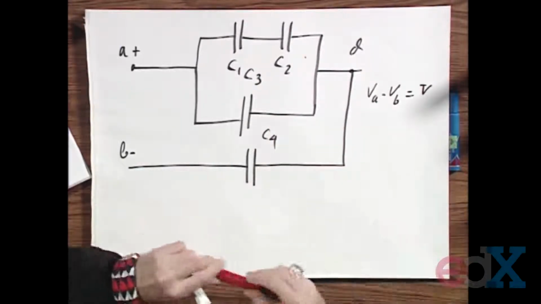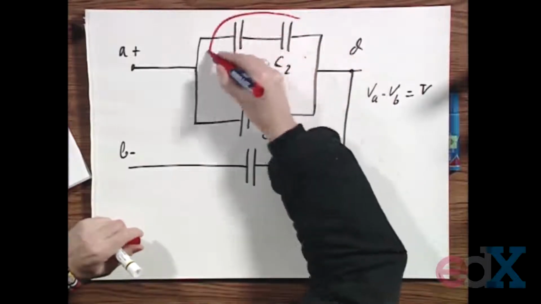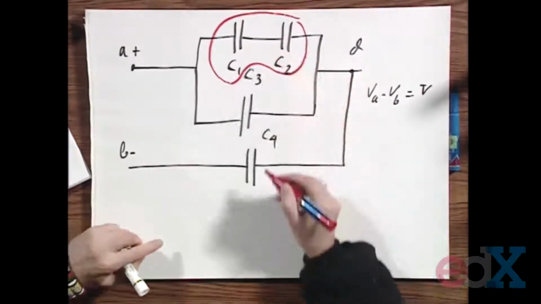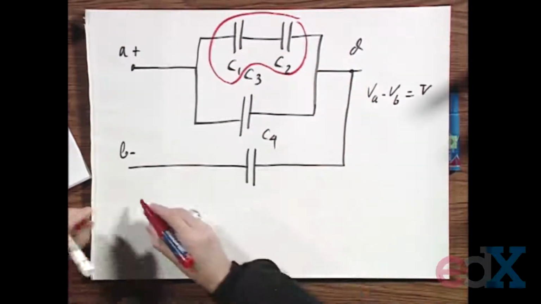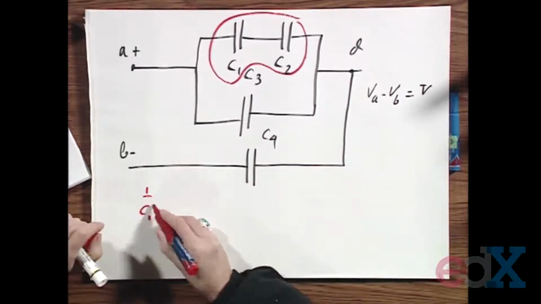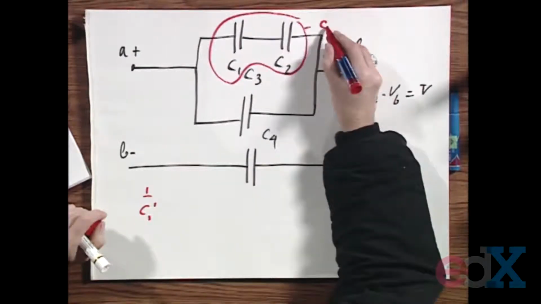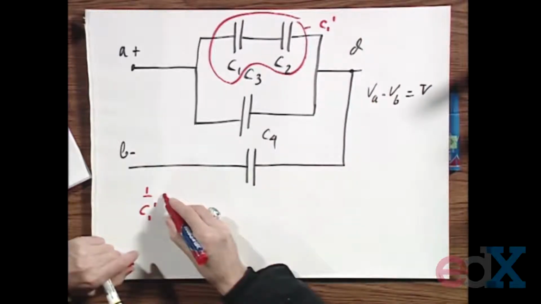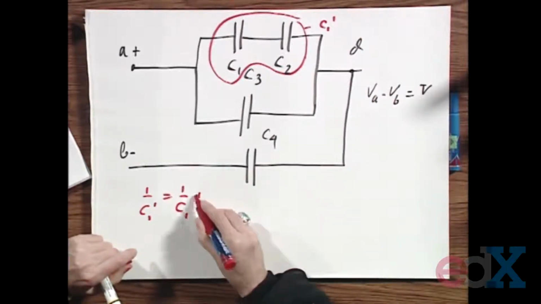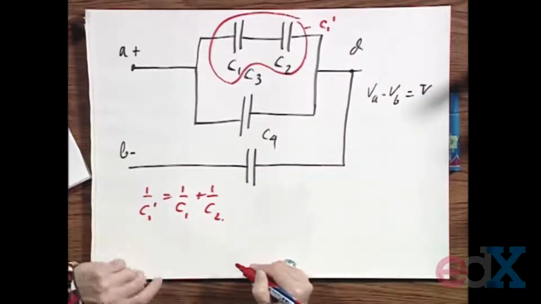The first thing I'm going to do is replace these two by an equivalent capacitor. 1 over C1 prime, the equivalent capacitor, would be C1 prime, equals 1 over C1 plus 1 over C2.